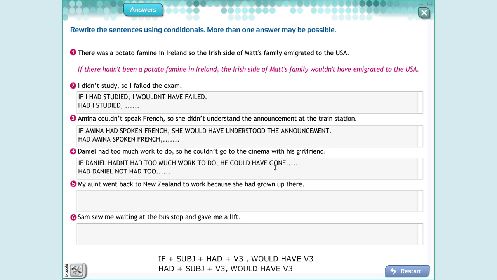Next one. My aunt went back to New Zealand to work because she had grown up there. Se a minha tia não tivesse crescido lá, ela não teria ido trabalhar. Okay? So how can I say?